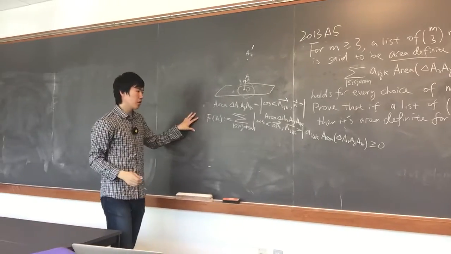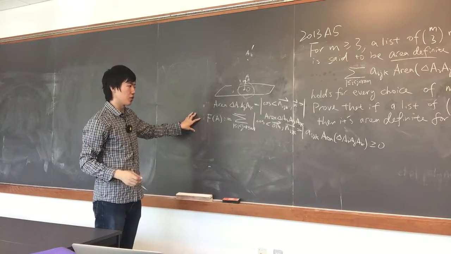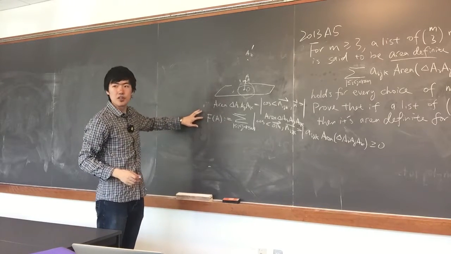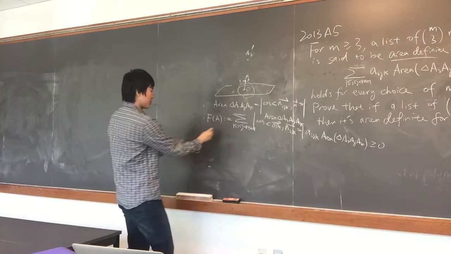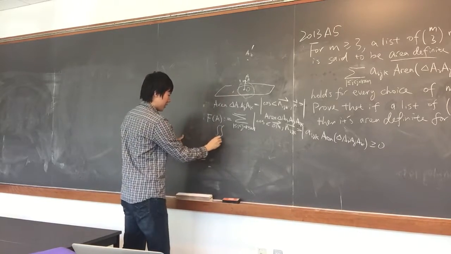Because the list of numbers is indefinite in R2, we know this holds for every choice of A on this sphere. So next thing we do is let S be the sphere.